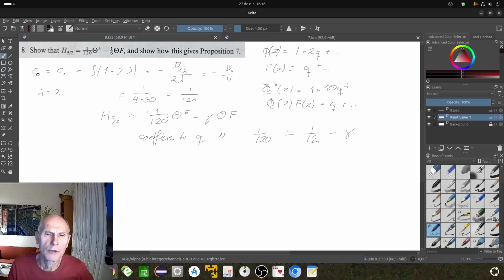gamma. We should do plus to make more sense, and then this one just gives gamma, and that means gamma is 1/120th minus 1/12th, which is 1 minus 10 divided by 120, minus 9 divided by 120.